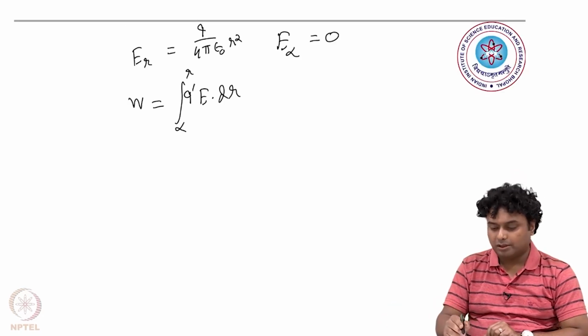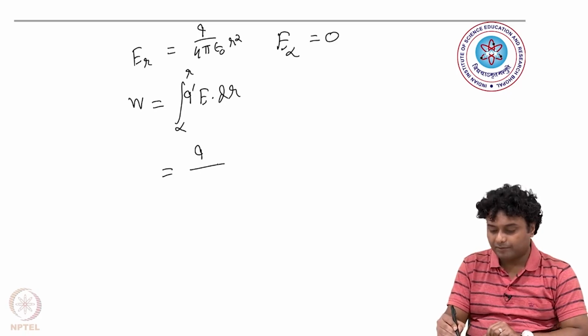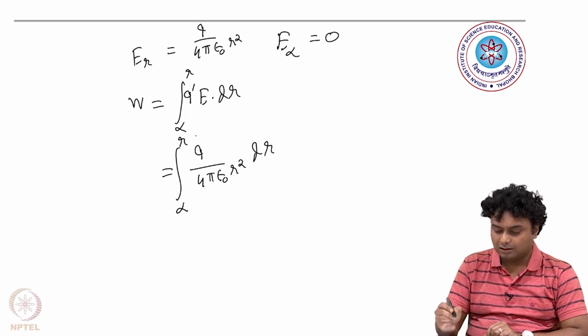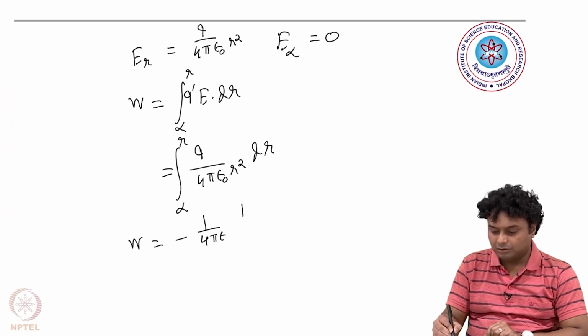Now you have already done this. If you put in the electric field, and assume this is a 1 coulomb charge, then it is Q by 4 pi epsilon naught r square dr from infinity to r, and if you do the integration you will get W equal to minus 1 by 4 pi epsilon naught times Q by r.